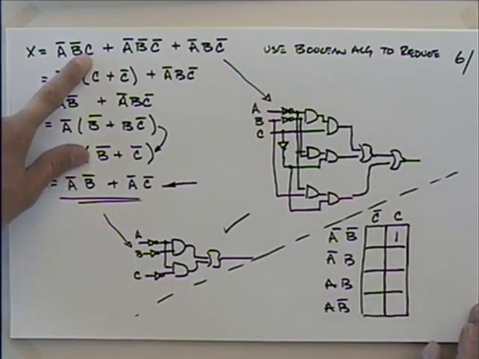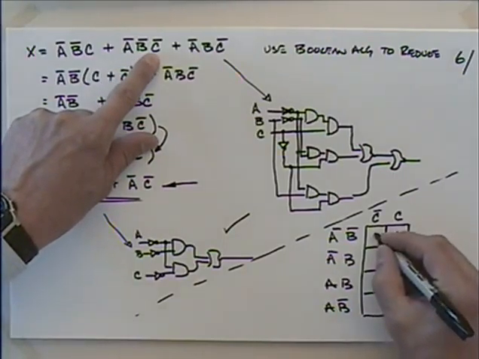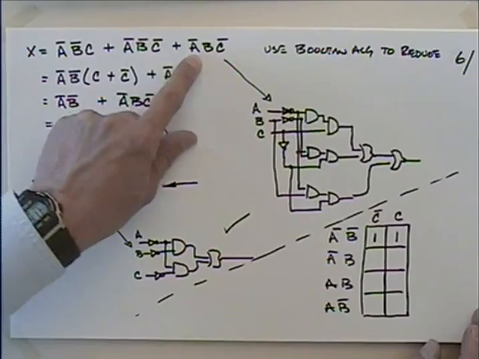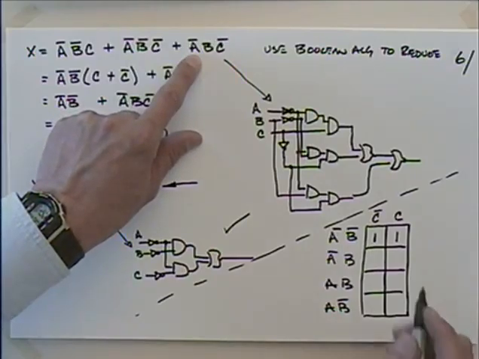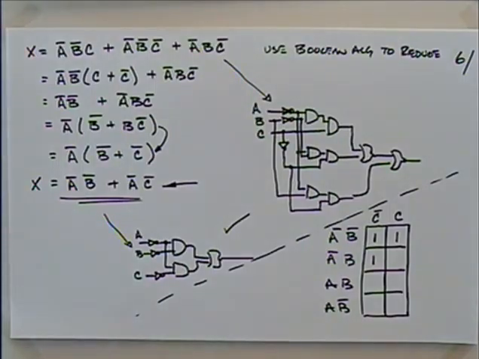That's the first term. Then not A, not B, not C would be this one, wouldn't it? And then not A, B, and not C. Those are my 3 terms.